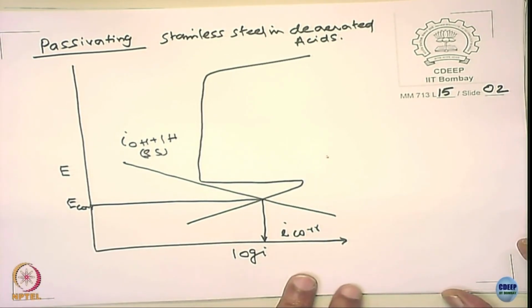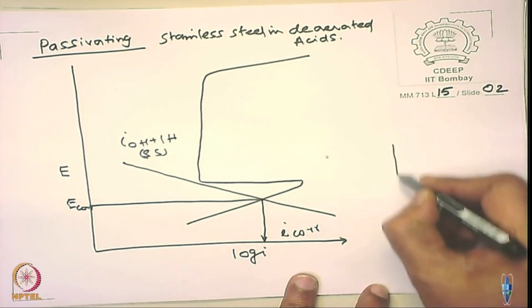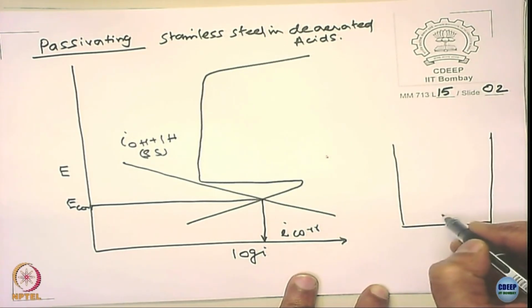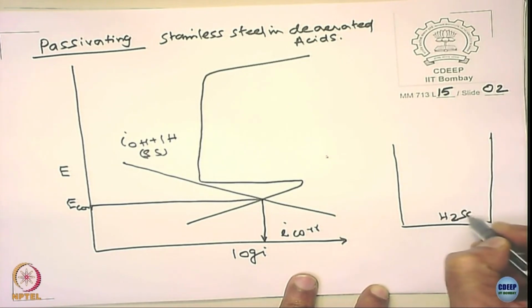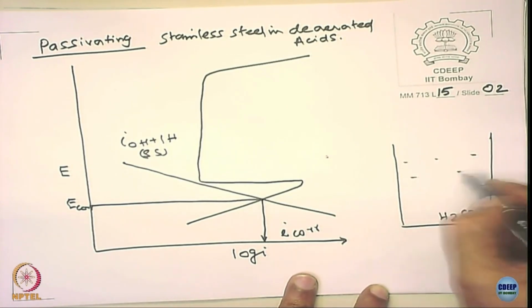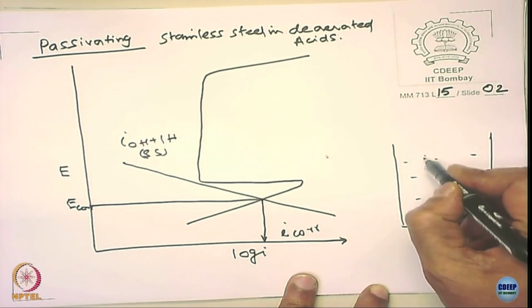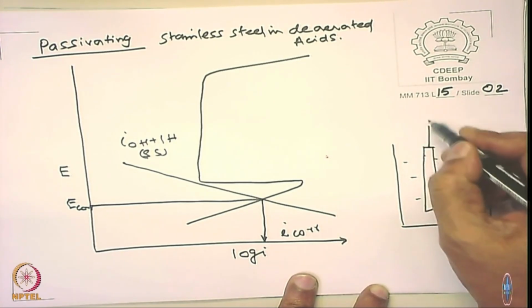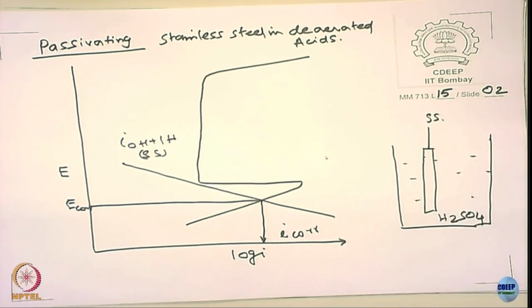To make it pictorially, I say I have taken a material, an acid, let's say dilute sulfuric acid, with stainless steel, so this is the Ecorr.